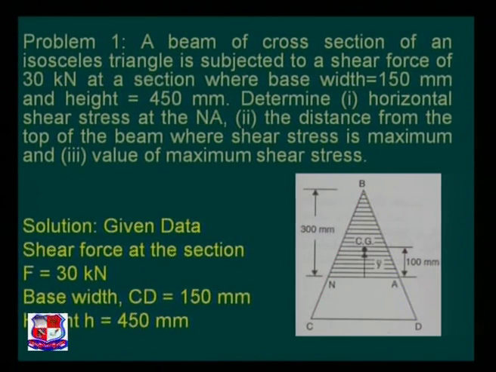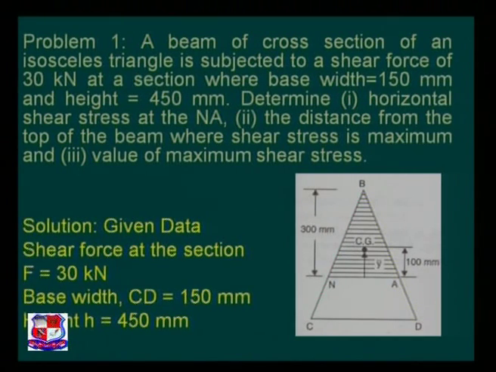Determine, first, the horizontal shear stress at the neutral axis; second, the distance from the top of the beam where the shear stress is maximum; third, the value of maximum shear stress. Three different questions have been asked in this single question.